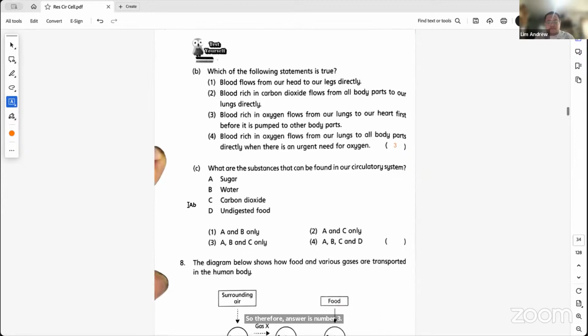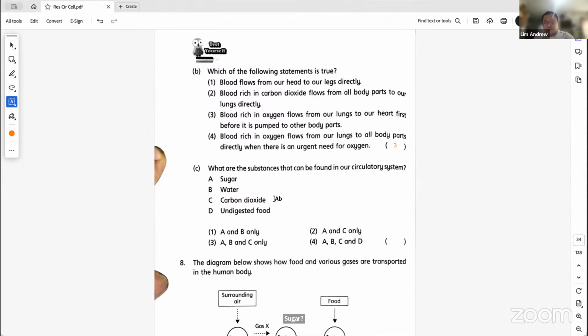Next up, what are the substances that can be found in our circulatory system? All right, for this case, the answer is number 3. A, B, and C. Sugar, you'll find inside your blood. Water, definitely yes.